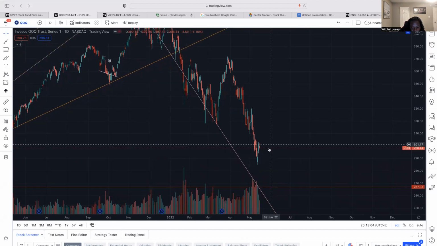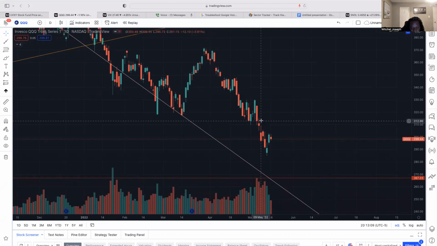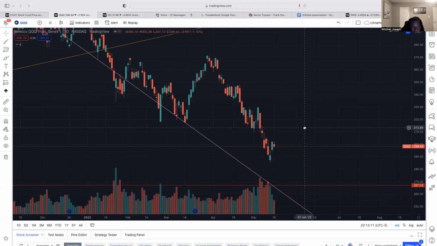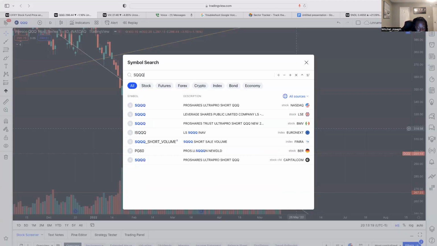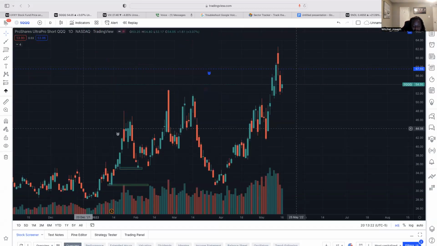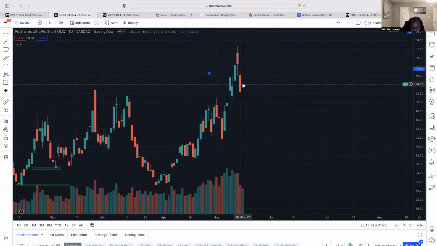As you can see, QQQ looks like the SPY. Only difference is that they had a red day today, but it's the same fall, same bounce. So what you're able to do is, you see how this is going down? You could play SQQQ, and it does the opposite. When the market's going down, this goes up. So instead of playing options, you could buy shares, and I actually bought some shares of this today, and I feel like I should have held on because I like this entry right here.